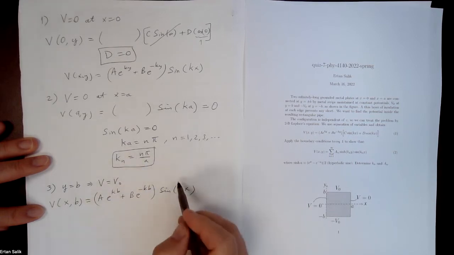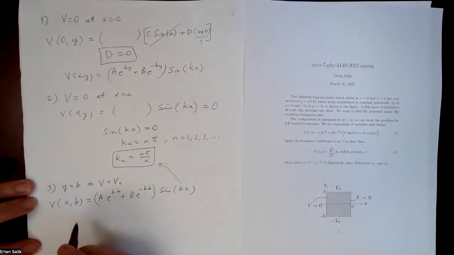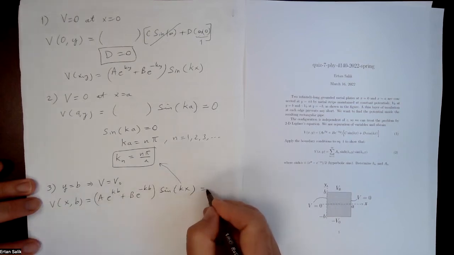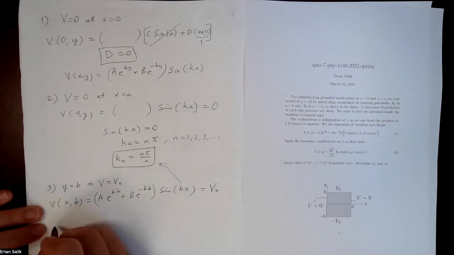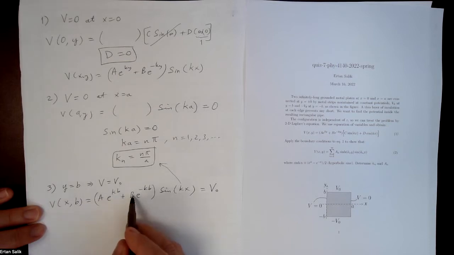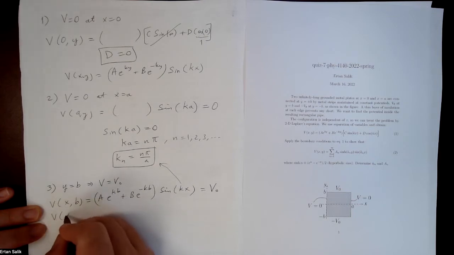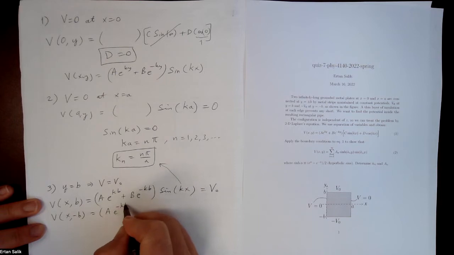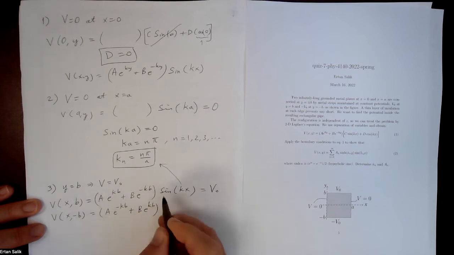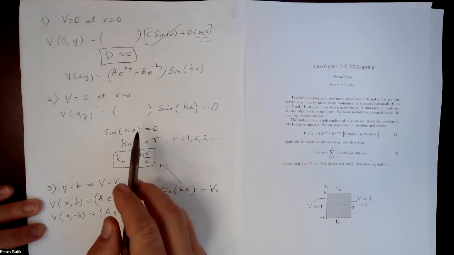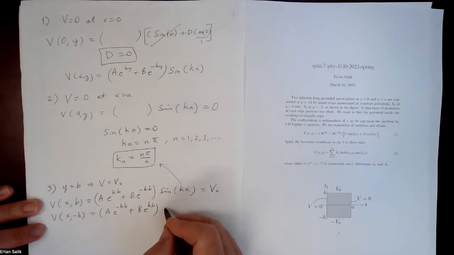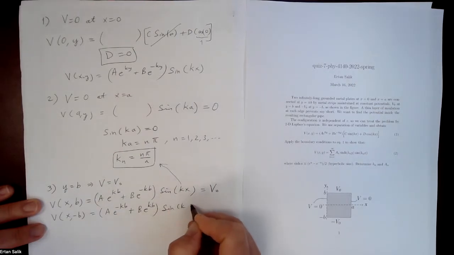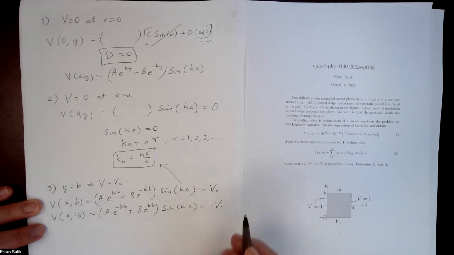And again, k is known here. That's equal to plus V0. Well, I have two unknowns here, A and B, so I have to use the other boundary condition, V(x,-b). Then I would have A e to the minus kb plus B e to the plus kb, because this is the minus ky, right? And then this times sine kx equals negative V0.